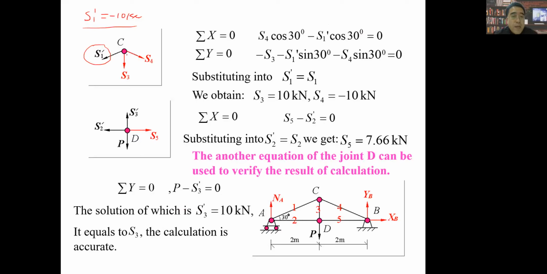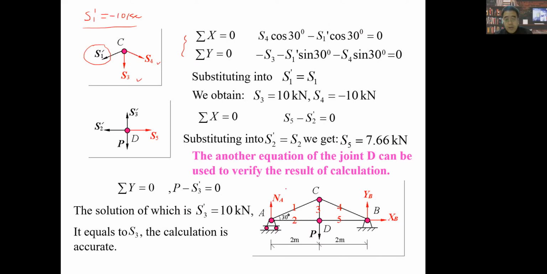So here is another plane concurrent force system. Only two forces, S4 and S3, are unknown, so it can be solved. Once again, we can use sigma x equals 0 and sigma y equals 0.